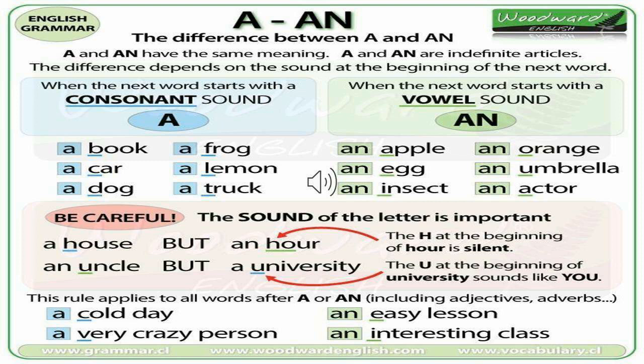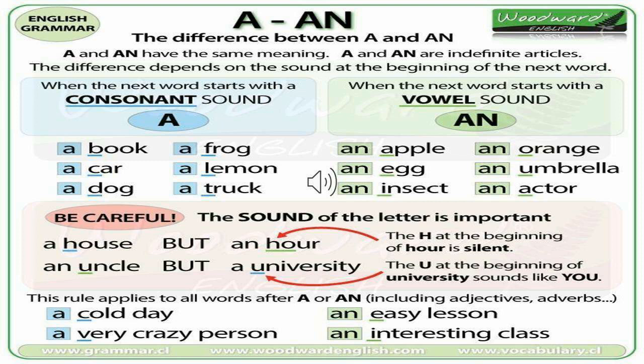The sound of the letter is very, very important. Suppose a house. Here we are using "a house". If we are going to say hour, it will not be "a hour", it will be "an hour". Listen to the sound very carefully. The H at the beginning of hour is silent.